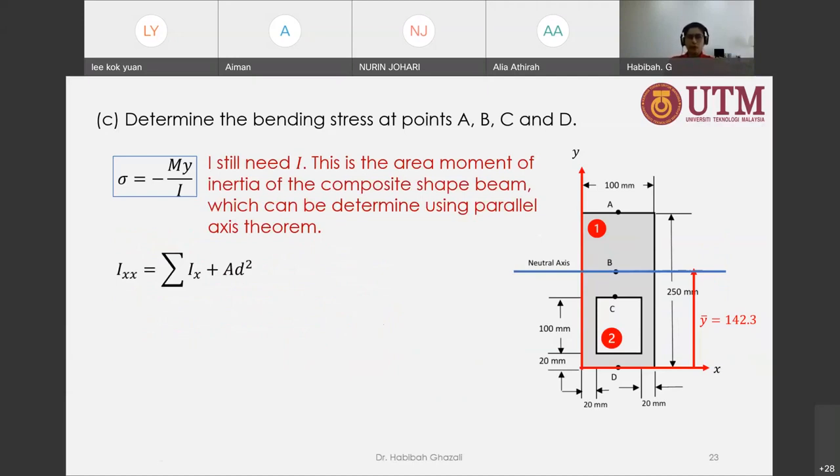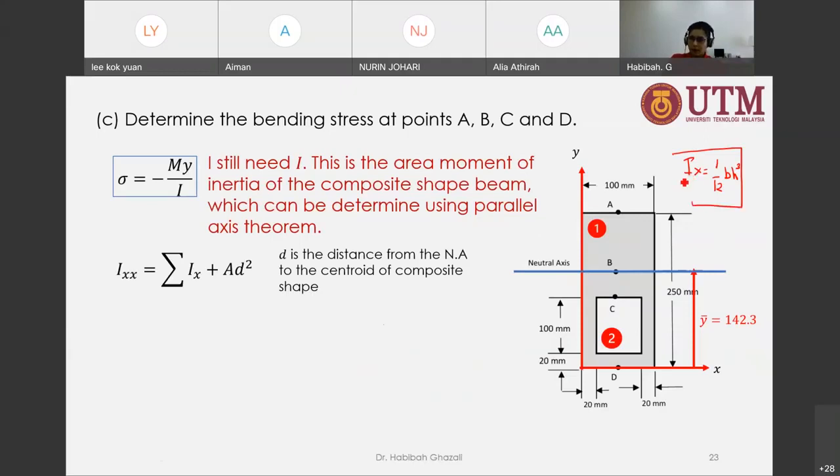Ix is the area moment of inertia for the individual segment. And since this is rectangle, the Ix for rectangle is equal to 1/12 of base times h cubed. So if you have other shape, you go and have a look at the table at the back of the book.